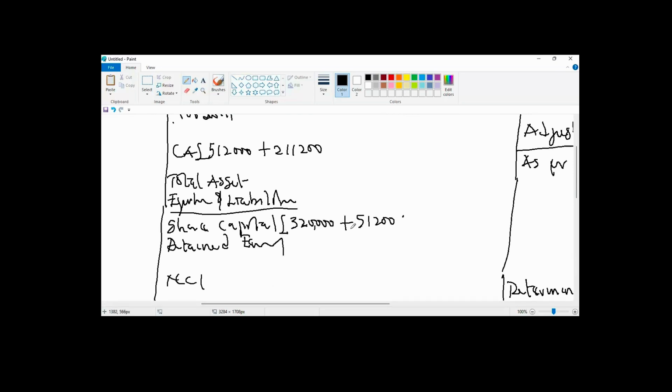Has it created a premium? Yes. The parent does not have a share premium account. So 6,000. Yeah, that is it.